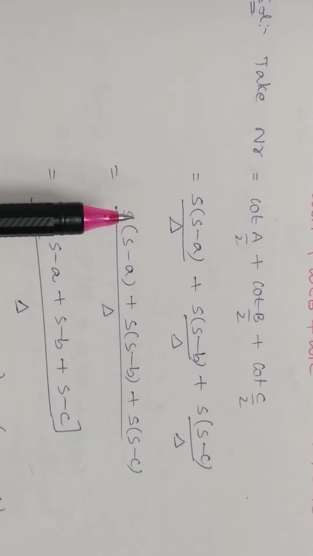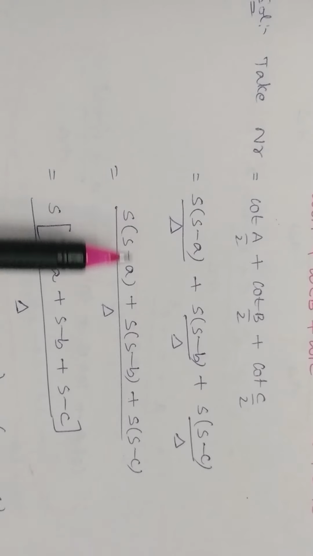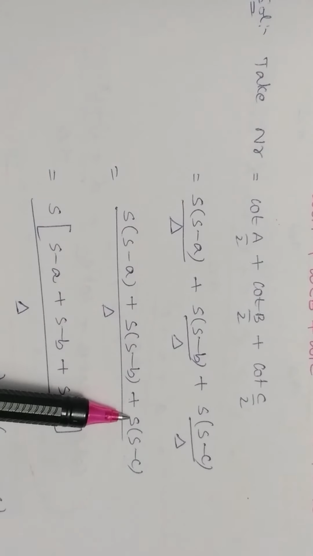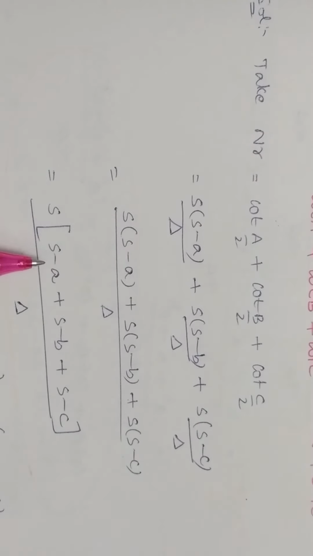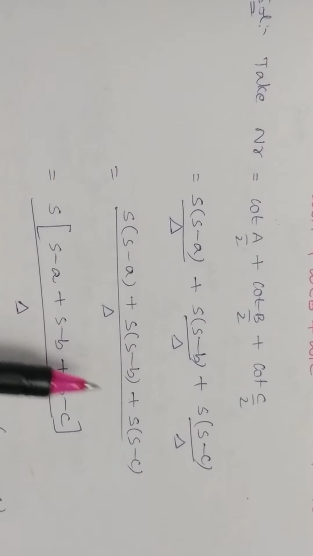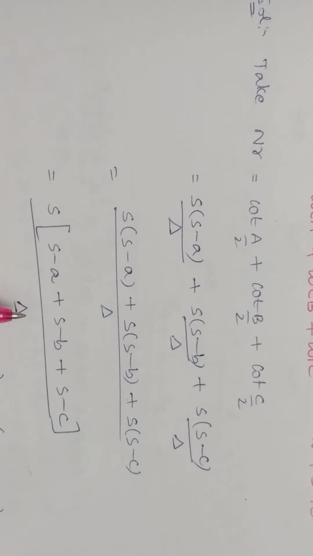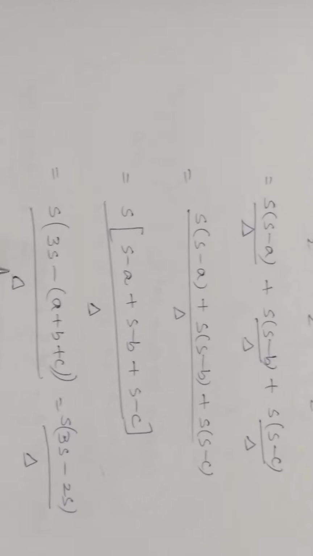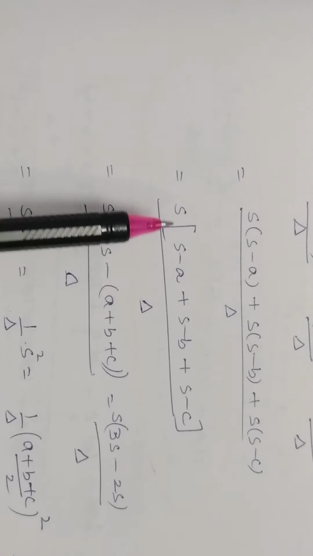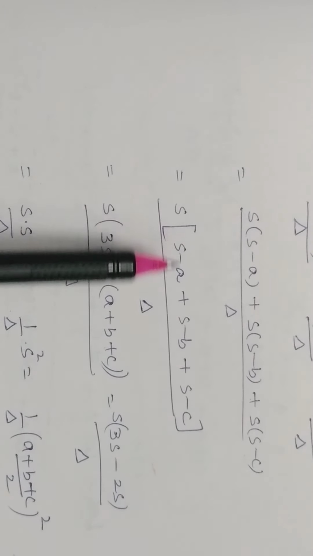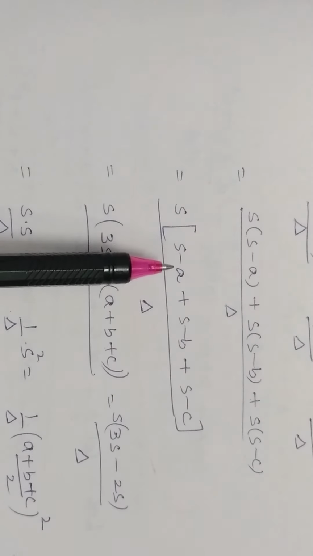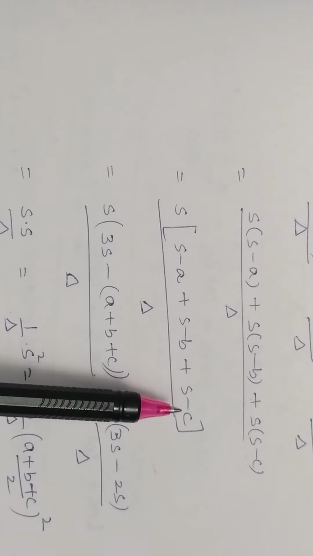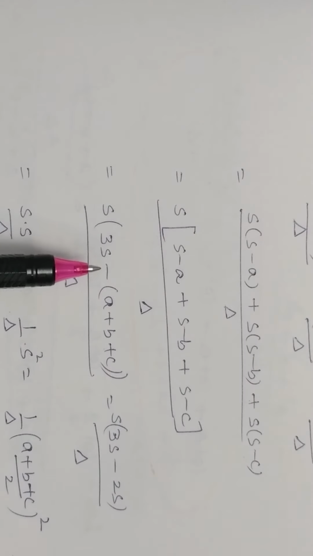In the numerator you can take S common because you are having S, S and S. So take S common. The remaining are (S − A) + (S − B) + (S − C), by Δ. In simplification, S into S plus S plus S, 3S, minus A minus B minus C. In these three, take minus common.